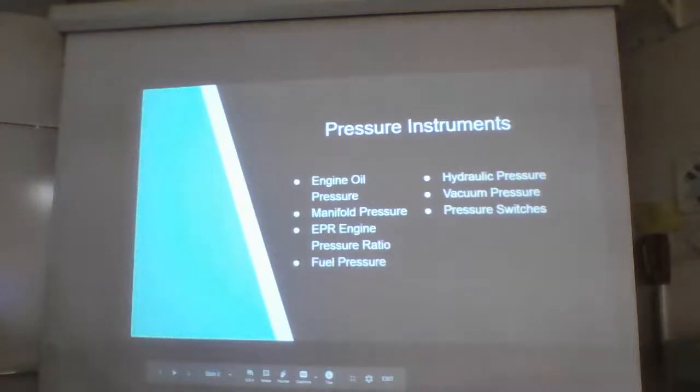This is a list of all of the pressure sensing instruments that we will discuss during the term of this course: engine oil pressure, manifold pressure, EPR, which stands for engine pressure ratio, fuel pressure, hydraulic pressure, vacuum pressure, and pressure switches.